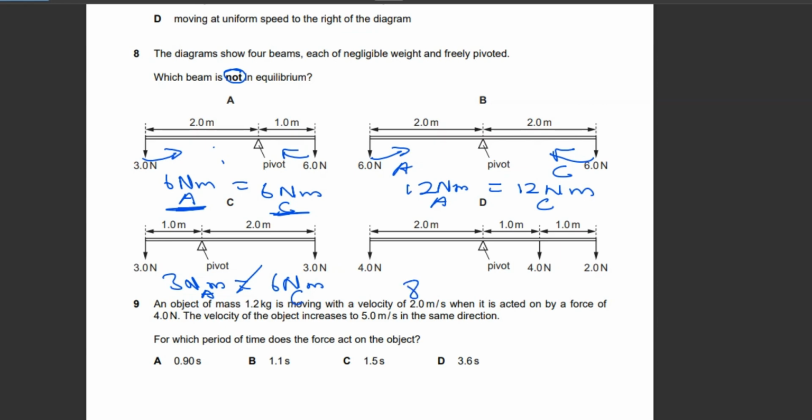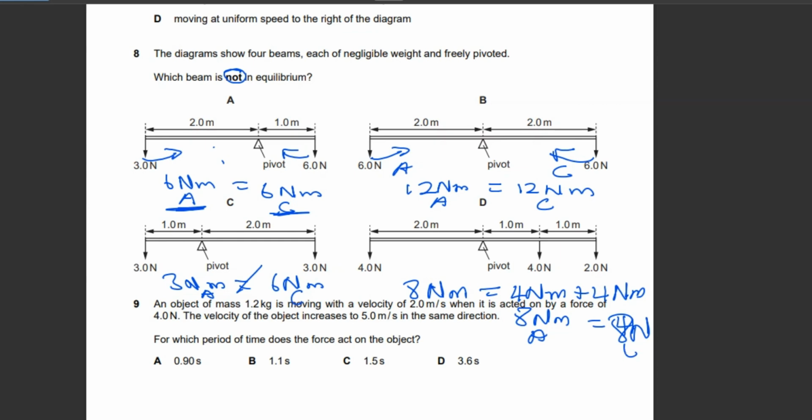This is 8 Newton. This is 8 Newton meter, and this is 4 Newton meter plus 4 Newton meter. So this is also what? 8 Newton meter anti-clockwise equals to 8 Newton meter clockwise.